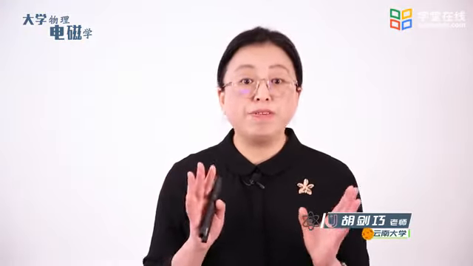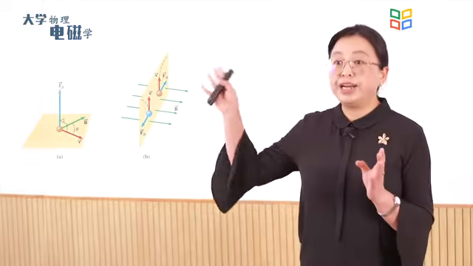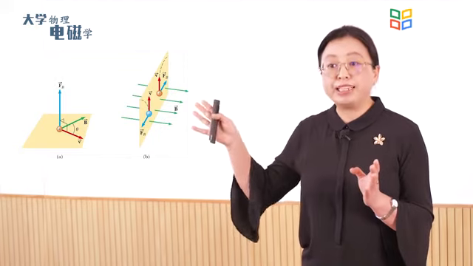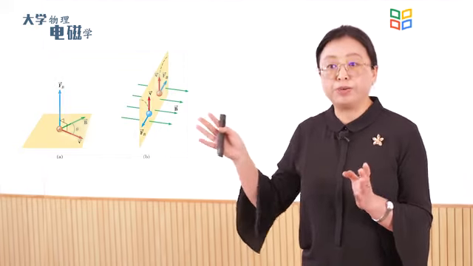The magnetic force depends on the velocity of the particle and its direction is perpendicular to both V and B. The figure here is showing the details of the direction of the magnetic force on the charged particle.